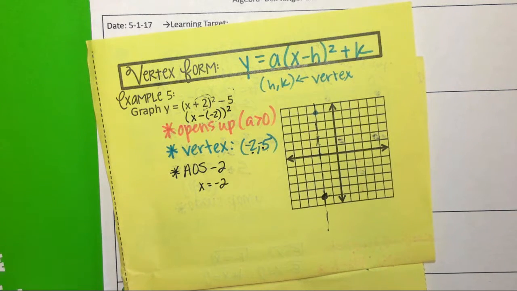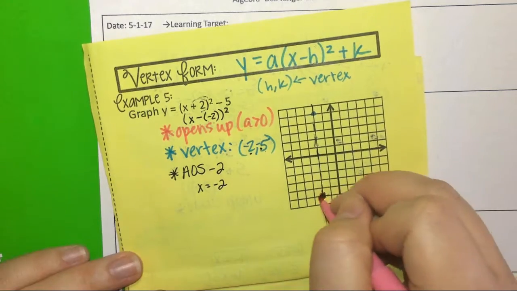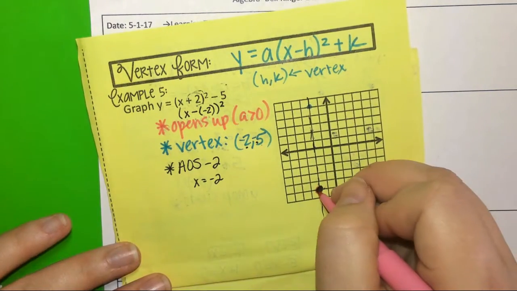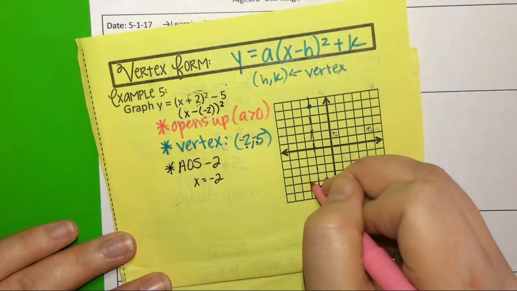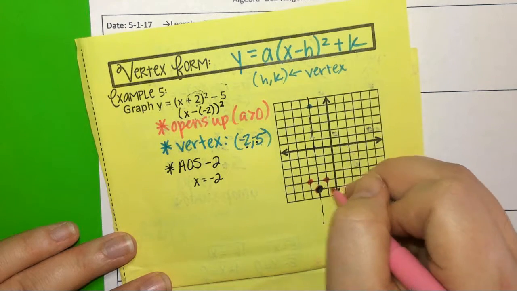Now you can make your life complicated, and you can start doing what we were doing last week, where you plug in 0 to figure out where the roots are. You can plug in whatever and figure out other points. Or you can remember our trick. Since our a is 1, and we know that bottom point, we can go over 1, up 1. Over 2, up 4.